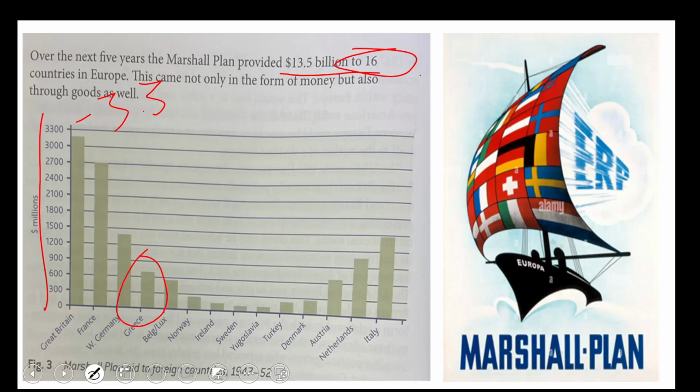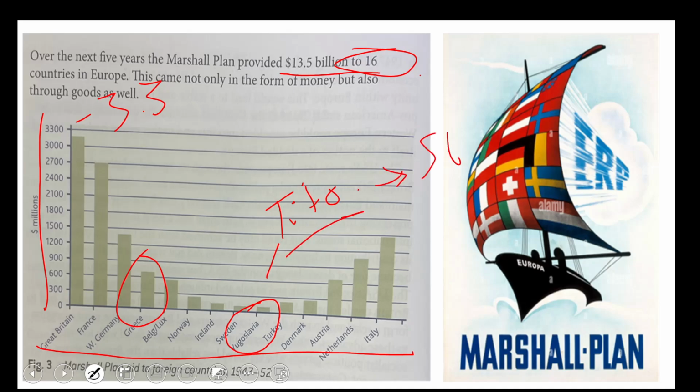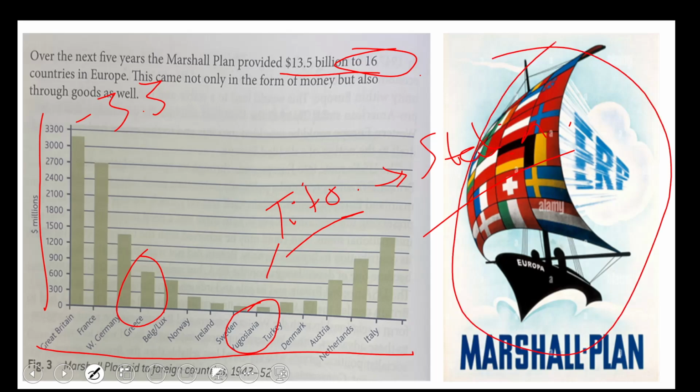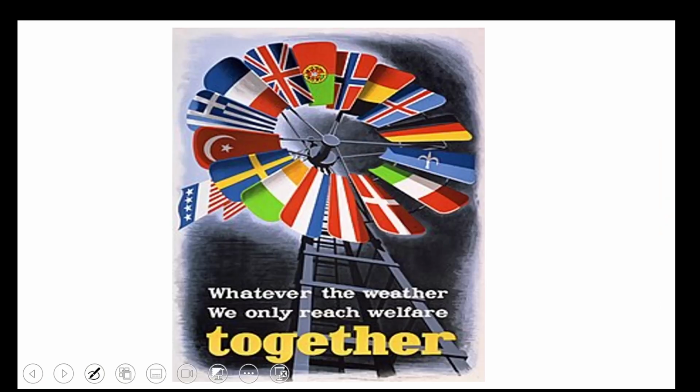We've got the money that's given in the Greek Civil War, but then more follows afterwards, and a number of other countries that take the money. Notice here Yugoslavia, that Tito does take some money, which of course furthers that divide between him and Stalin, which is really interesting. And we've got lots and lots of fascinating documents and cartoons and posters from the time that illustrate the success of the Marshall Plan and this idea of everyone in it together.